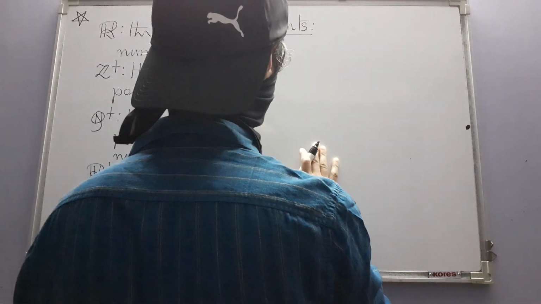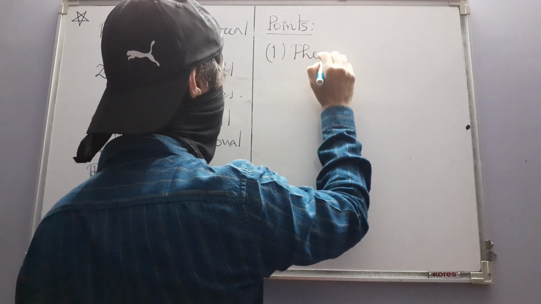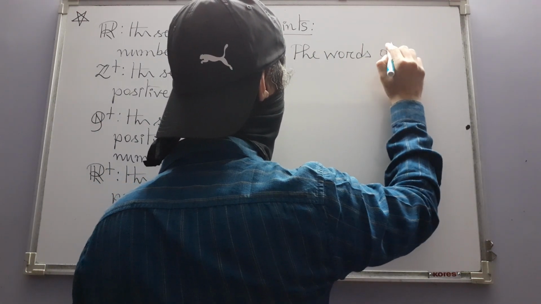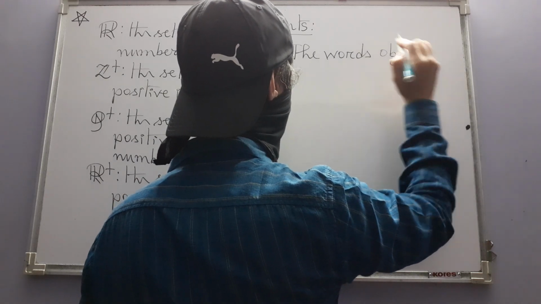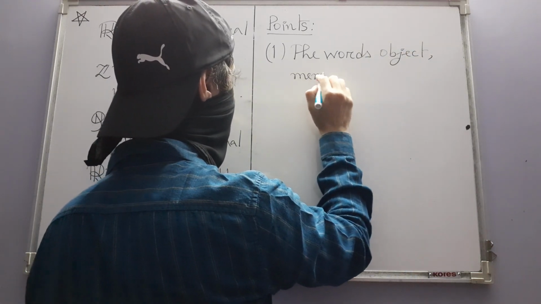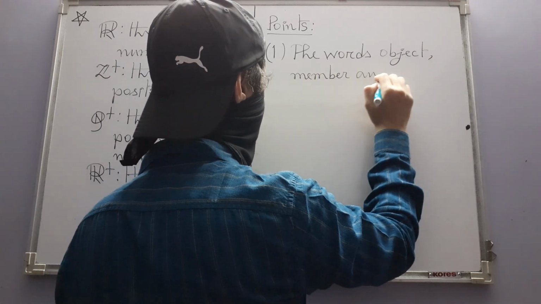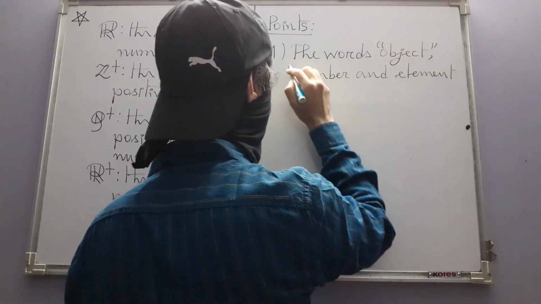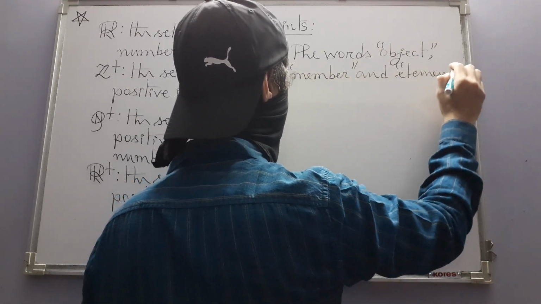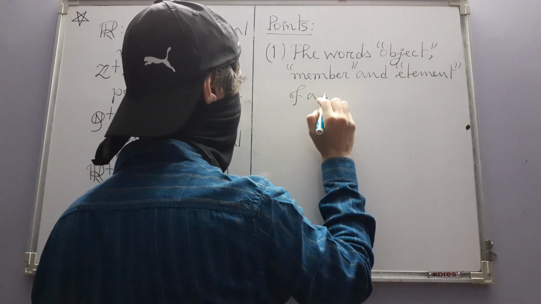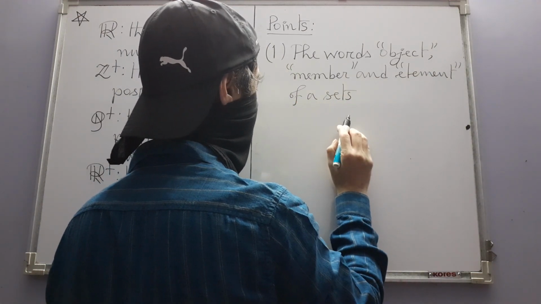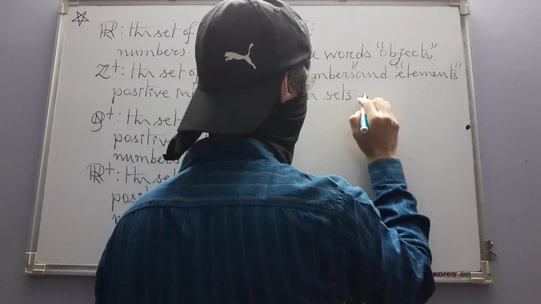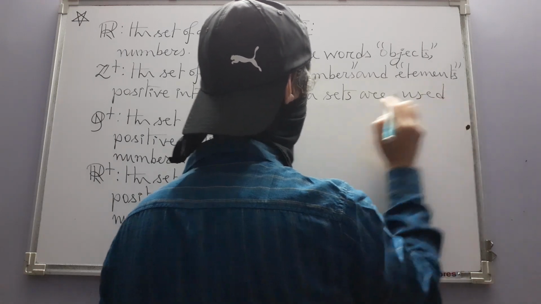So there are these 3 points. The words object, member, and element of a set, or we can put the plural forms also, elements of a set, are used synonymously.